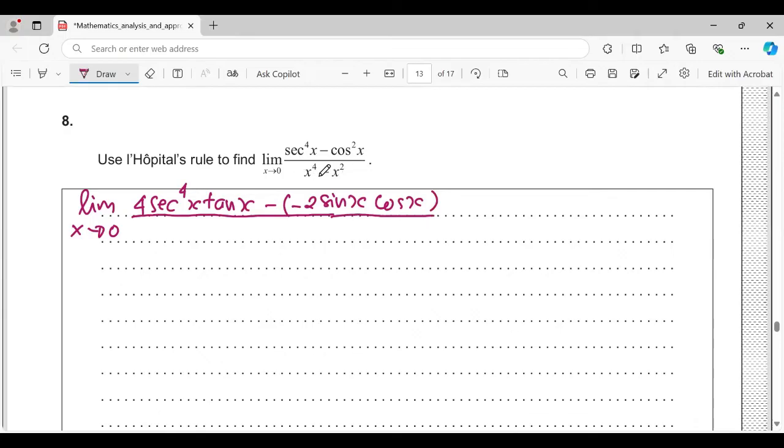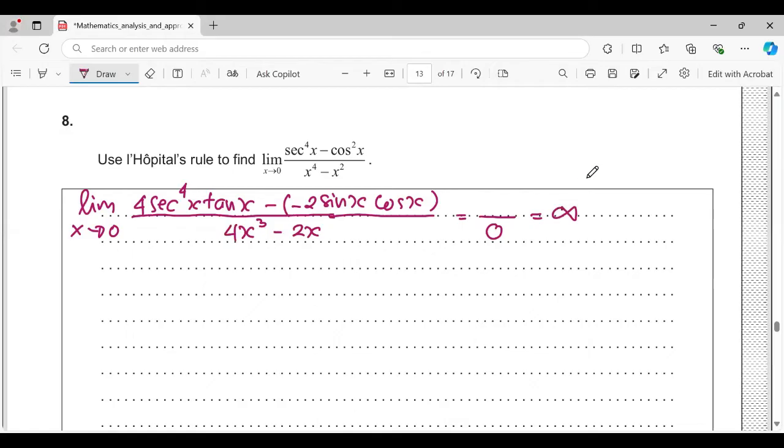And the derivative of x to the power 4 minus x squared is 4x cubed minus 2x. Next, if you substitute 0 into this expression, you will find that the denominator is 0, and a number divided by 0 is undefined.